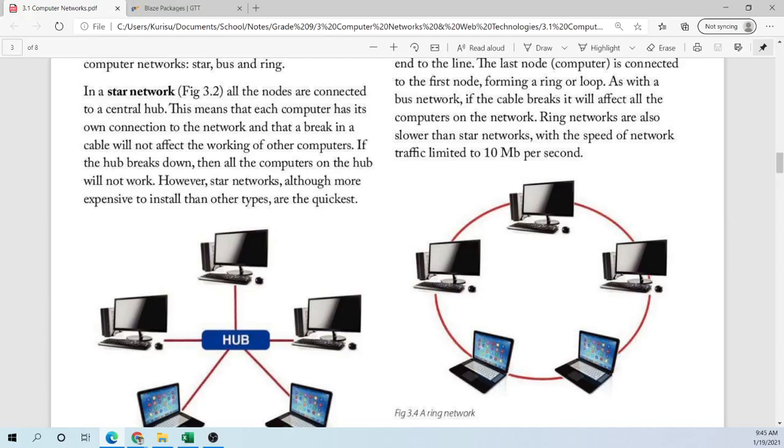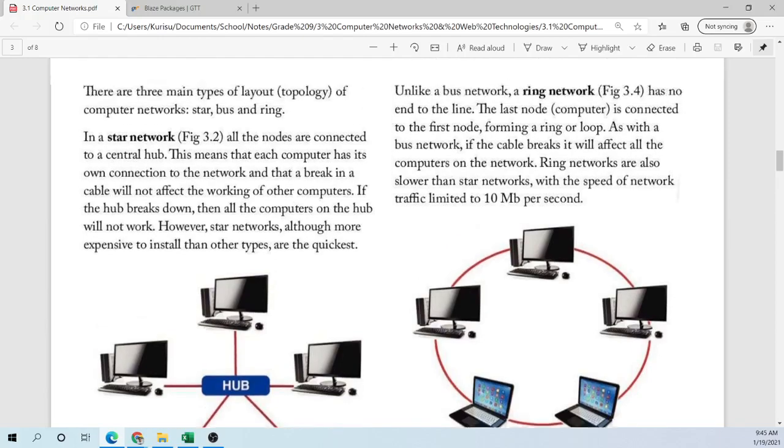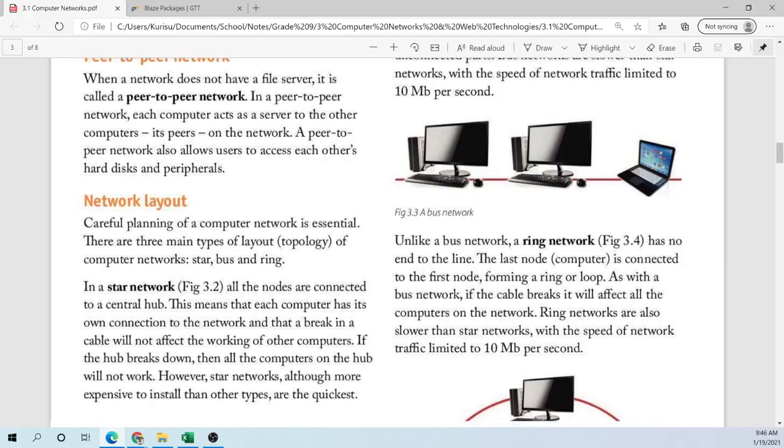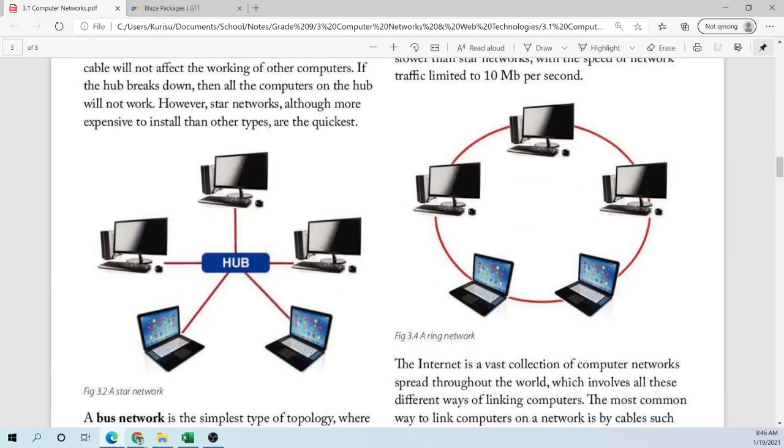You can't make a wireless signal into a bus, into a straight line. So in those cases, you won't have any wireless connection. But for the star network, you can have a wireless connection because then each device will be connected to that central device.